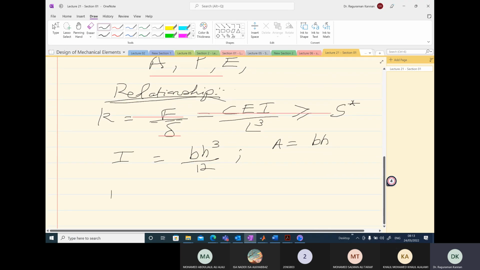Okay, so in that case, we can rewrite the I as A times H square over 12. Okay. Anything else we can replace? We have to see here.